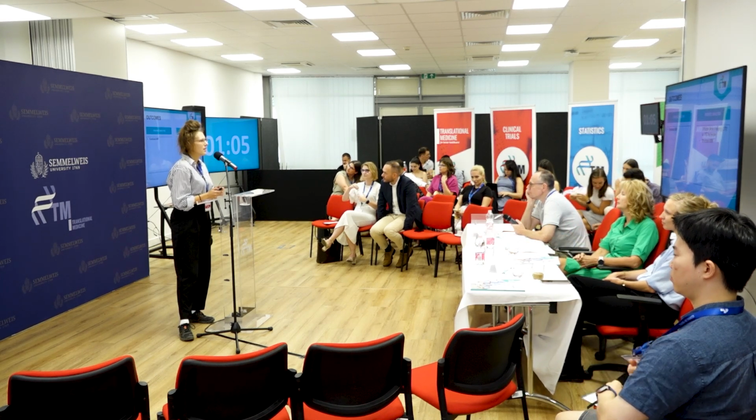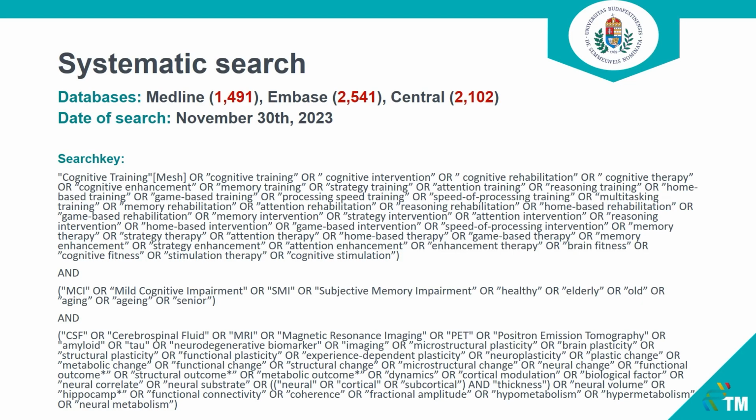Thank you. A huge number of search keywords. Why did you have such a... Well, I can go back. To be honest, as I mentioned, we had a lot of neuropsychological meta-analyses and papers with neuropsychological outcomes, but we were not interested in that, but in the objective parameters, that's why we have a lot of words, including these.